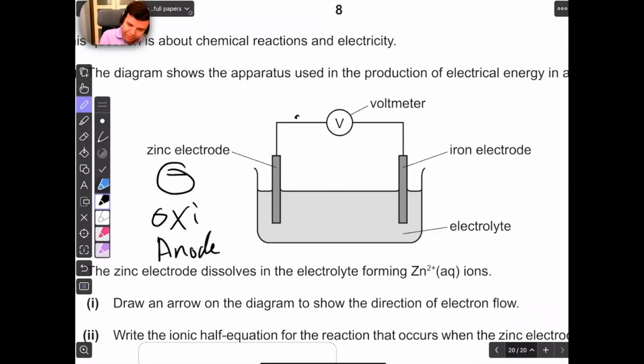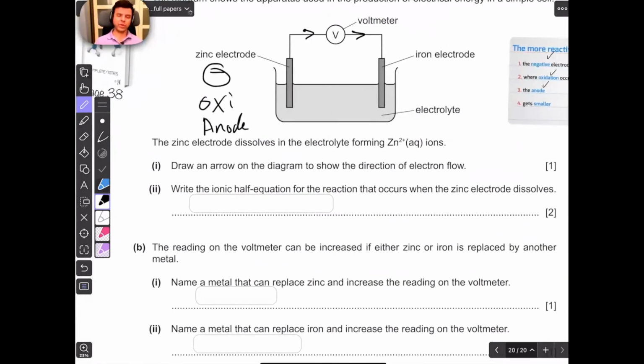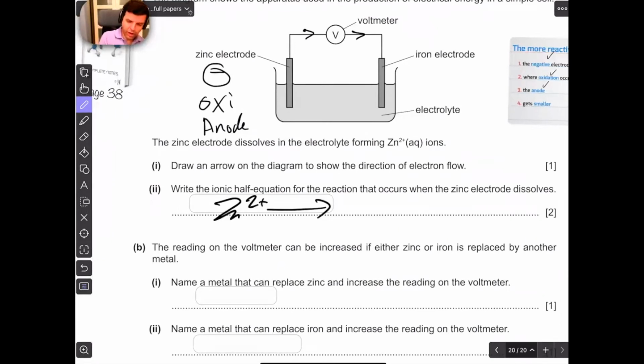So being the negative means the electron is going to flow that way, okay? Harren, can I answer the question for II? Yes, please. So it's Zn gives Zn2+ plus 2e-. Almost correct. Can you change one little thing about it?